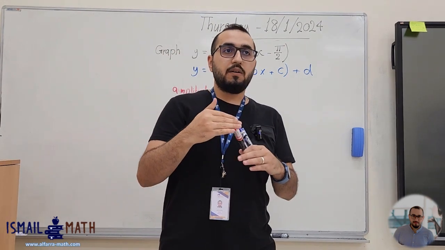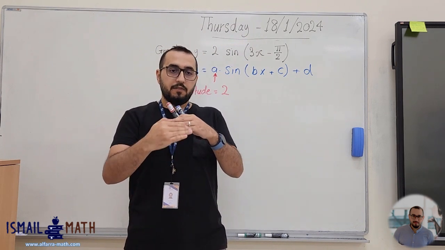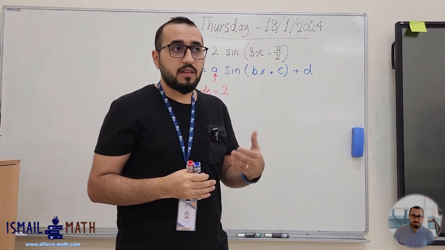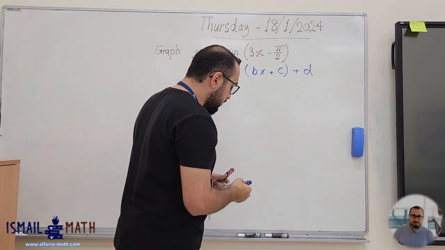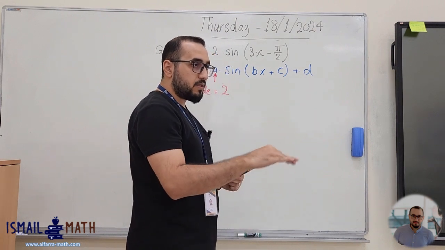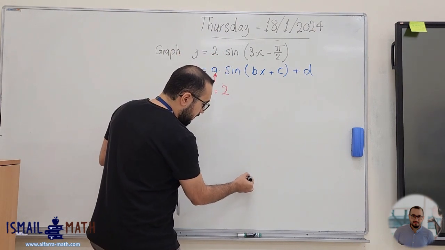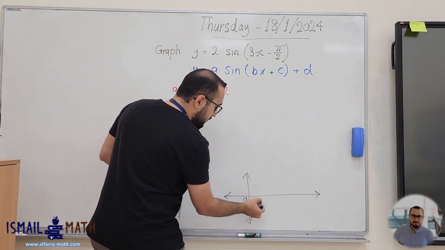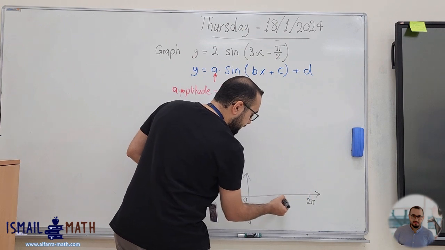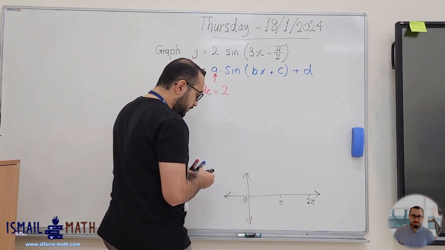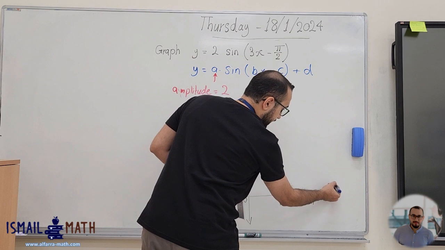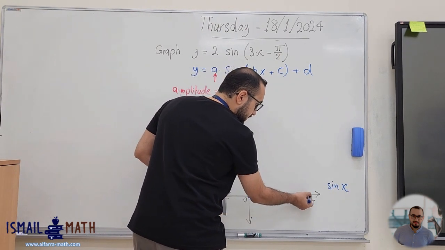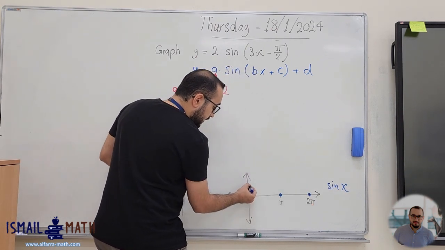Amplitude means how the graph will change in the range. We know that the range of the sine function is from -1 to 1. Let me graph the original sine function. Start from 0, and the whole period is 2 pi, with pi in the middle. For the normal sine x, the first point is 0, the middle is 0, the last is 0, here should be 1 and here should be -1.